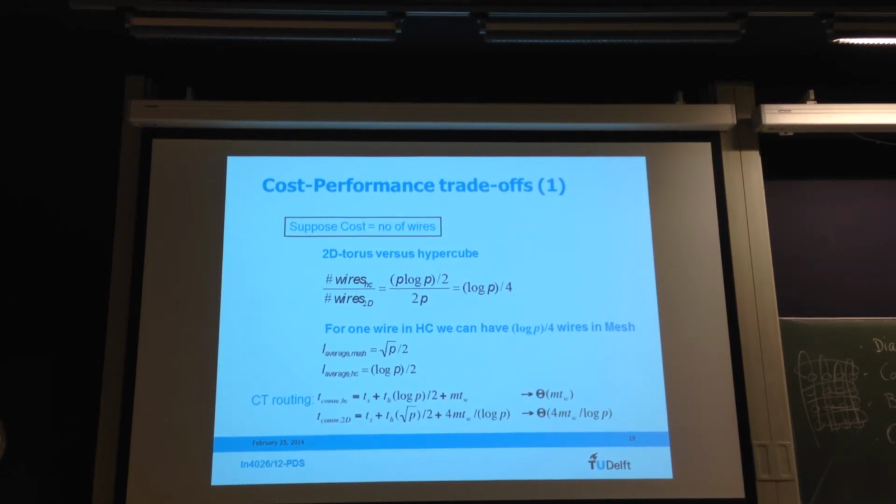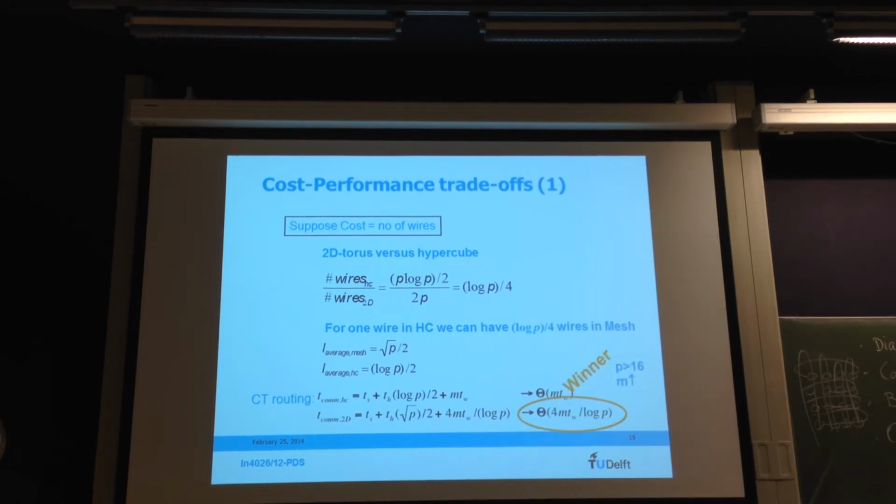Well, yes. But complexity-wise, if you discount the 4, then this one is better, right? If my number of processors grows, then this one has a lower communication complexity for the same amount of money I spend, right? So this is the winner.